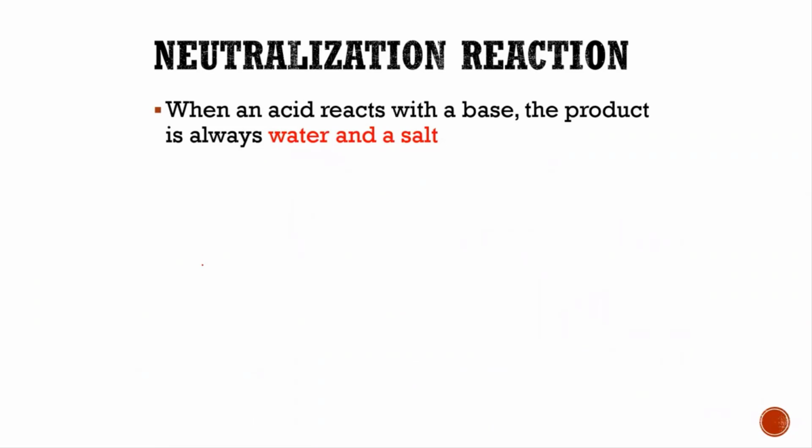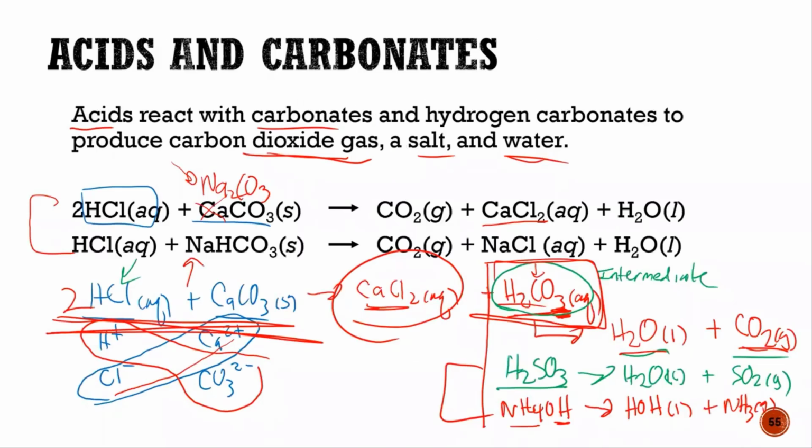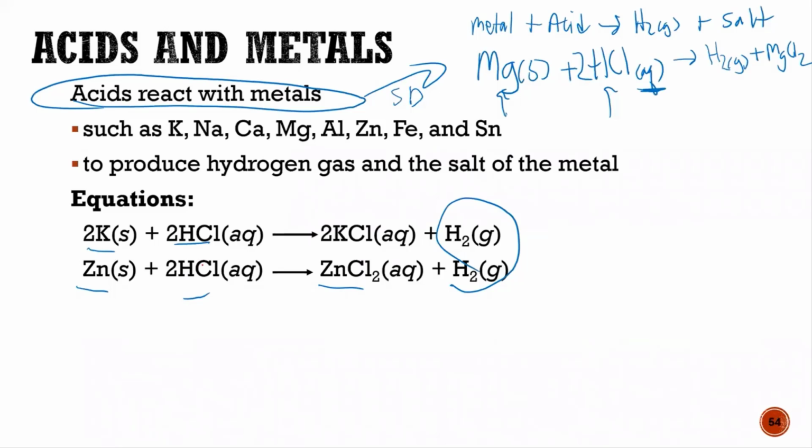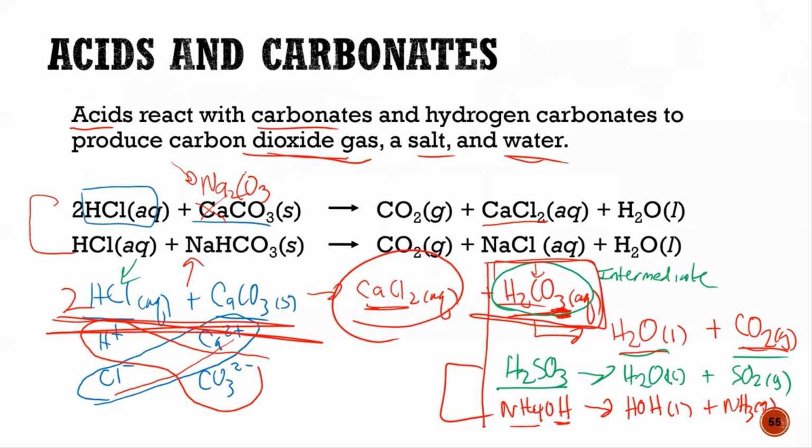Okay. So we talked about going back, the single displacement reactions. Single displacements, you take a metal, you throw it in an acid, you produce hydrogen gas, right? So take a metal, throw it in acid, produce hydrogen gas and the salt. Then we just talked about, you take an acid, you throw it in with a carbonate, and a carbonate decomposes to CO2 and water.